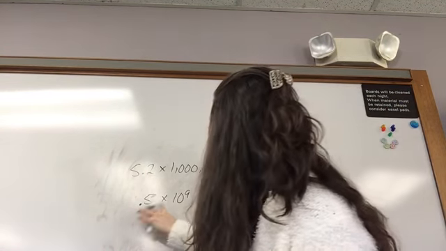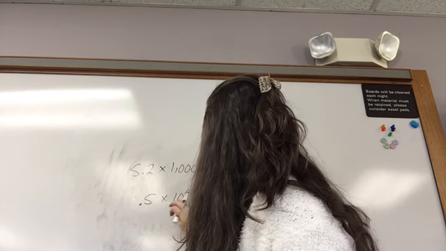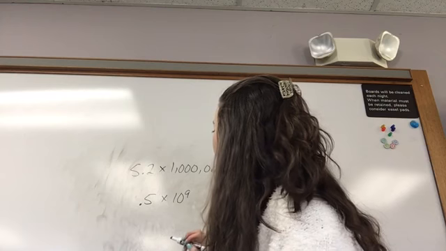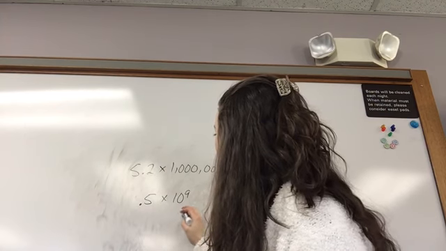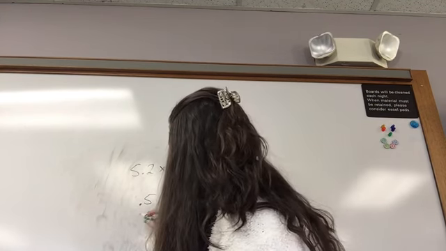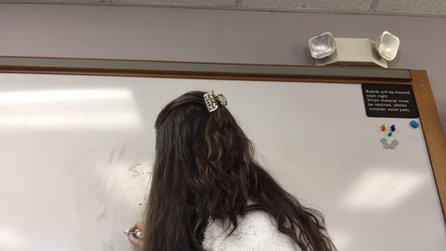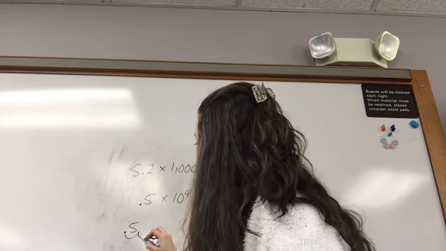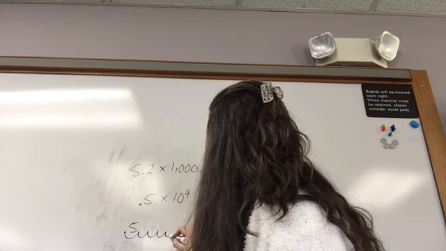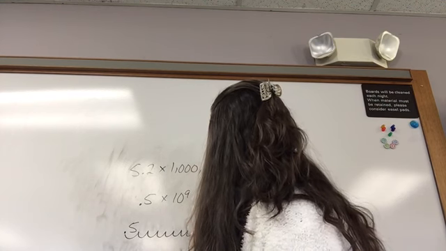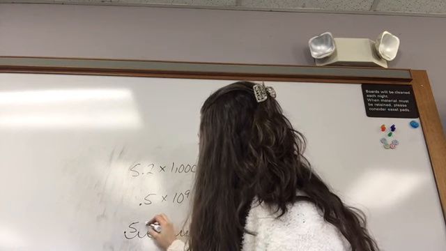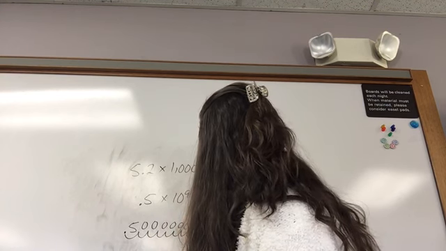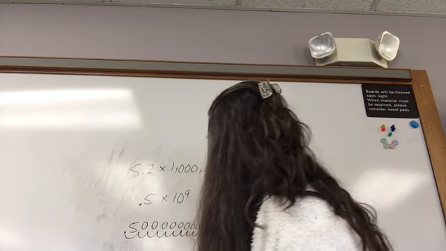So if we take 0.5, we multiply it by 1 billion or 10 to the 9th power, we're moving our decimal point 9 times. So then that would leave us with 0.5, move our decimal point 1, 2, 3, 4, 5, 6, 7, 8, and 9. Fill in our missing places with our zeros.